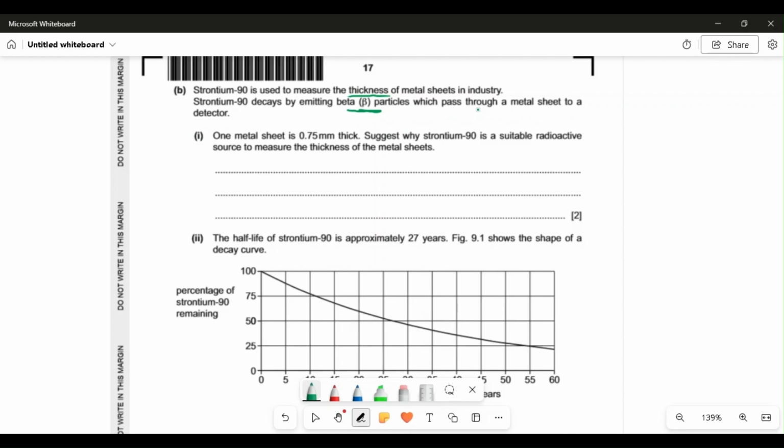Beta particles have high penetrating power, up to approximately 10 millimeters in metal, or in air it may be centimeters, but I'm talking about metal sheets. One metal sheet is 0.75 millimeter thick. Suggest why strontium-90 is a suitable radioactive source to measure the thickness of the metal sheet.